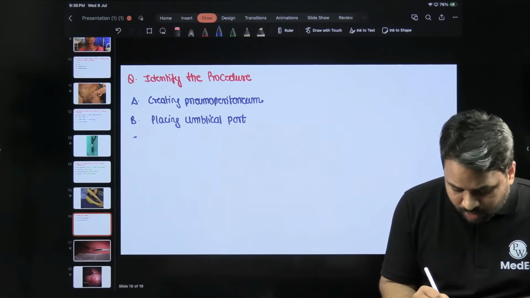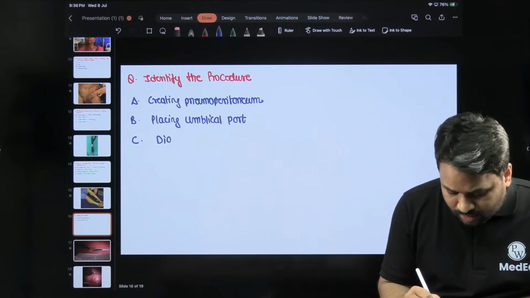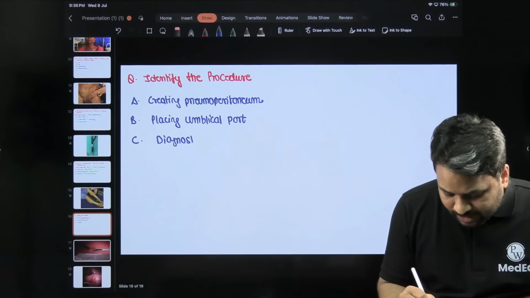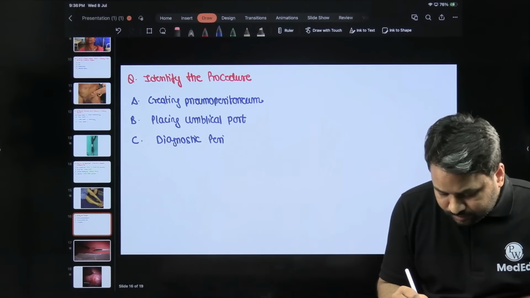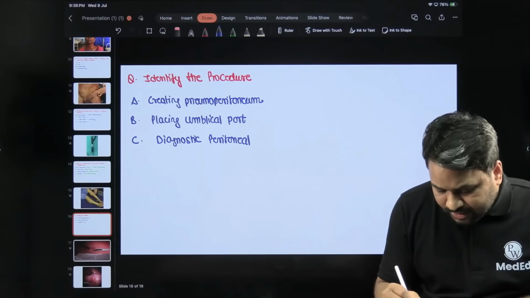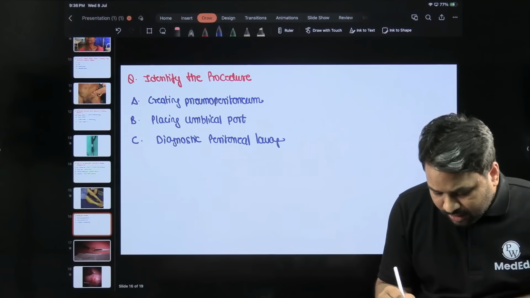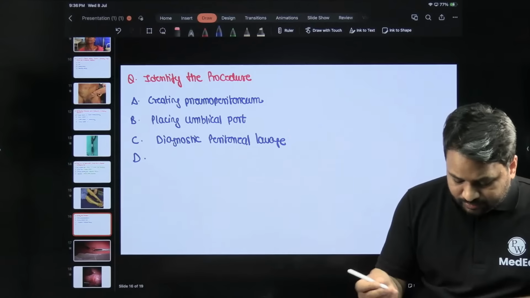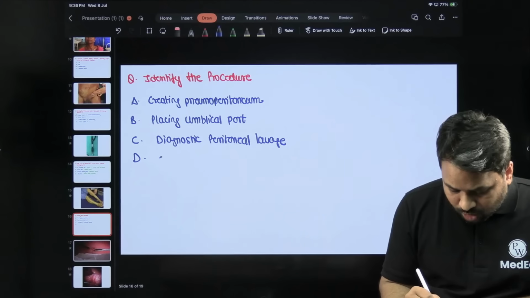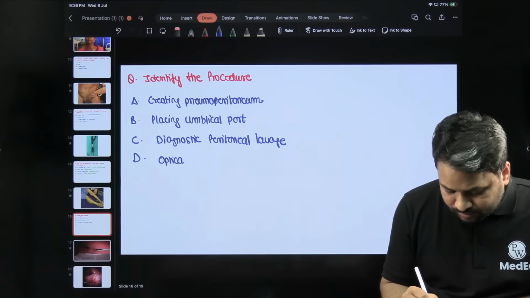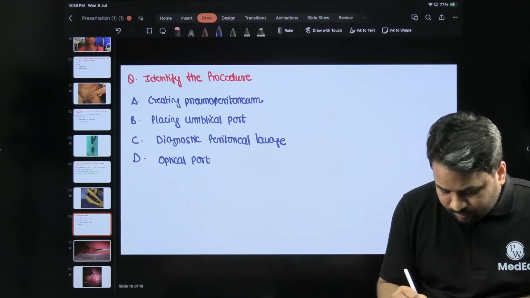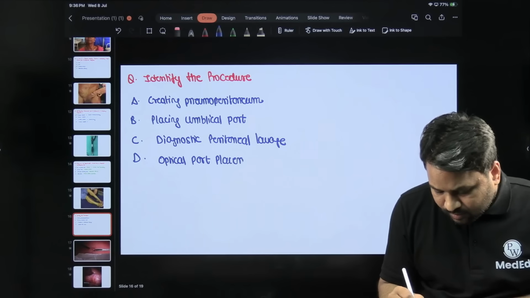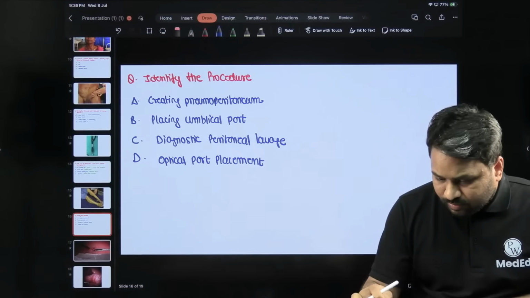Option C, doing a diagnostic peritoneal lavage. And option D is optical port placement.